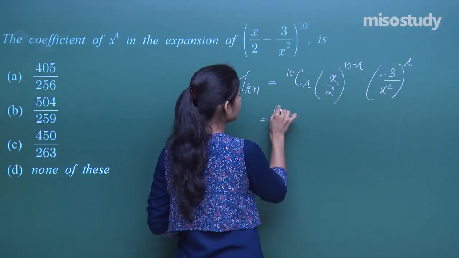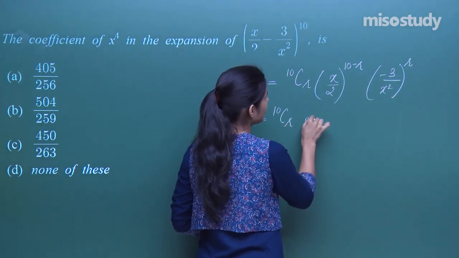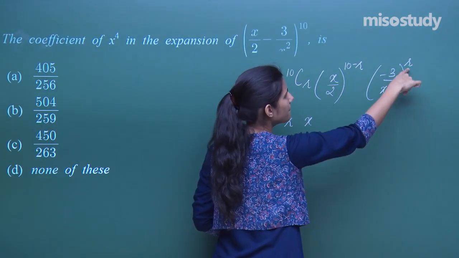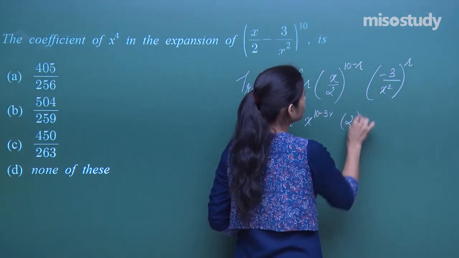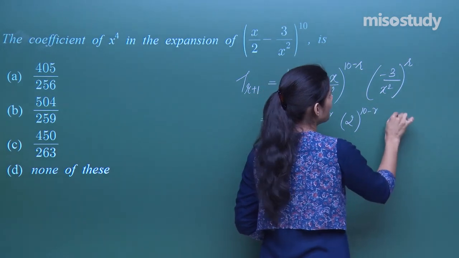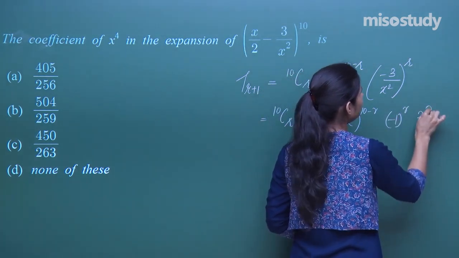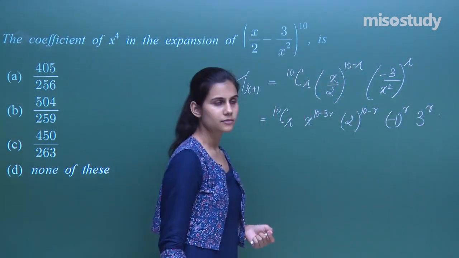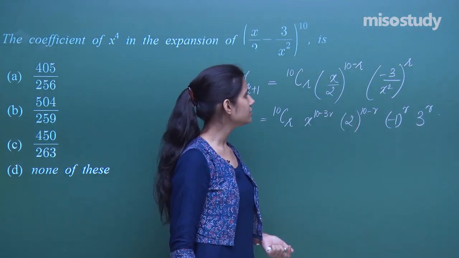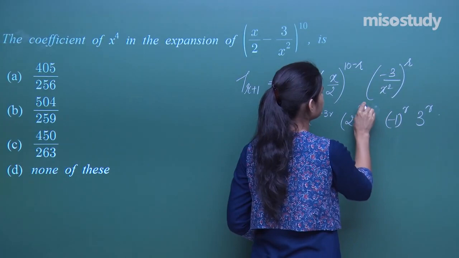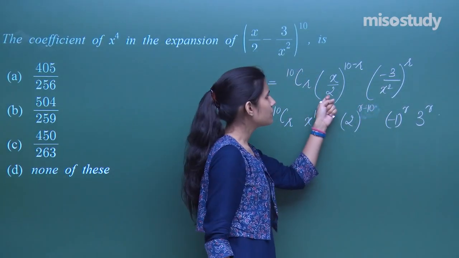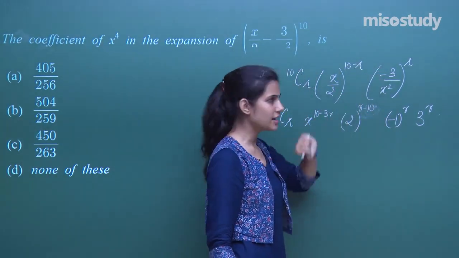So, you get 10Cr x to the power 10 minus r minus 2r, so 10 minus 3r, 2 to the power 10 minus r, (minus 1) to the power r and 3 to the power r. Clear? Everything has been brought in the numerator. So this is 2 to the power r minus 10, because this is 2 to the power minus of (10 minus r), which is r minus 10.